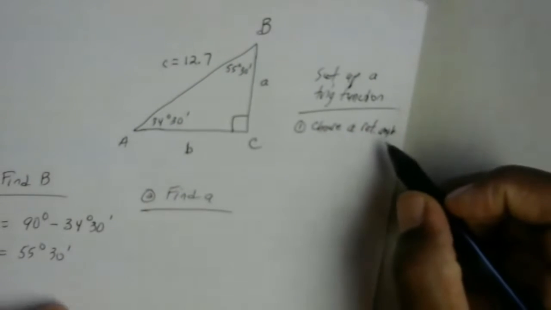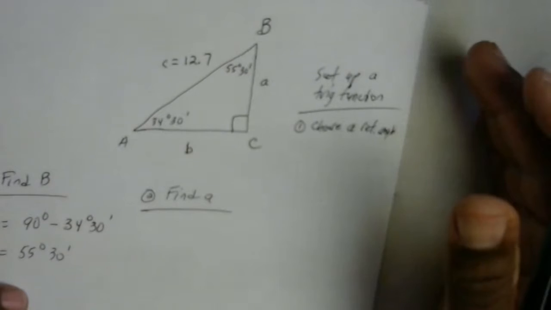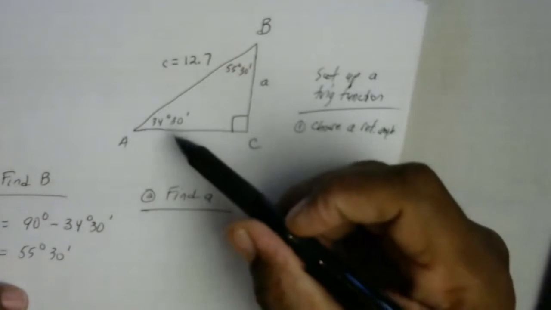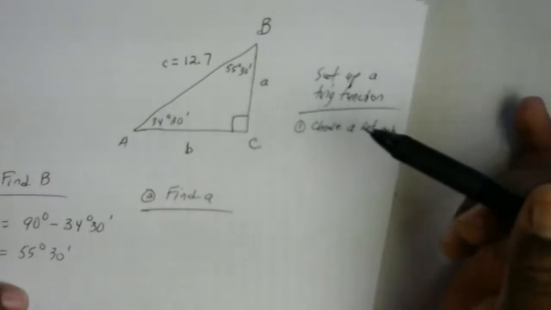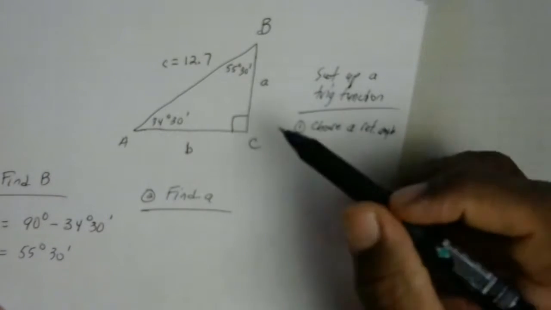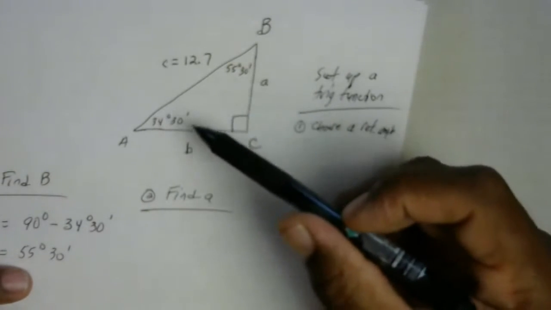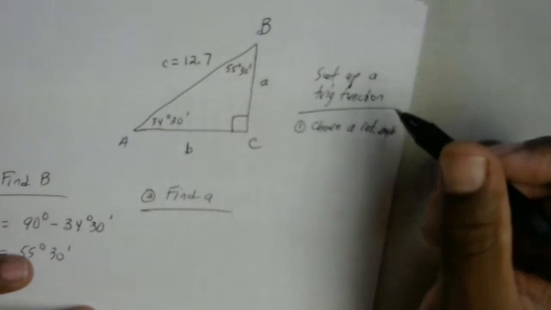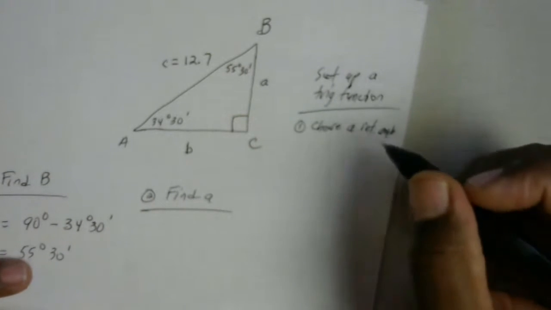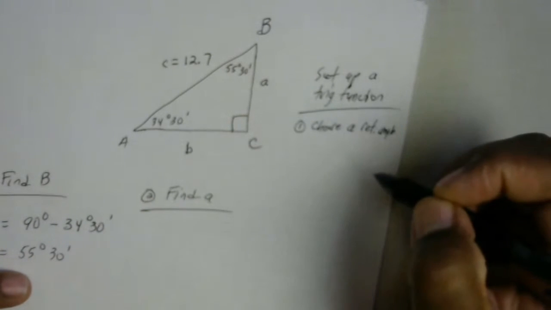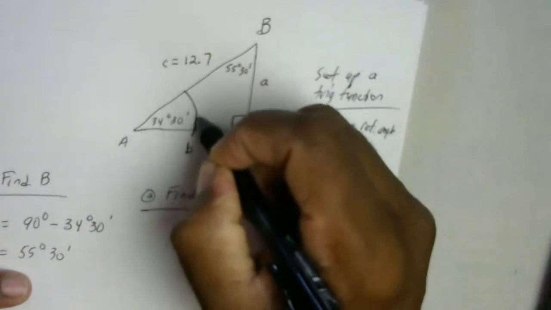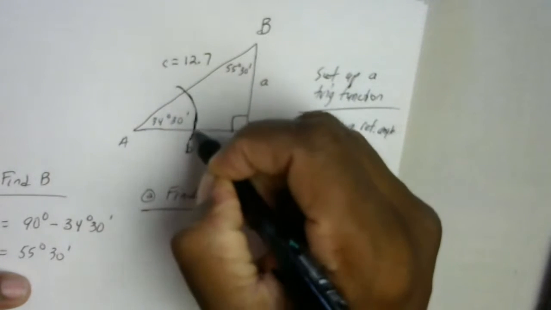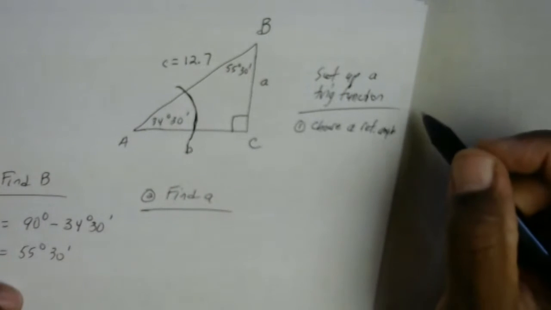Keep in mind that a reference angle is any acute angle, so you want to choose either angle A or angle B. You never choose angle C. Since I know the values for both A and B, it does not matter which angle I choose. However, you must choose an angle. So I'm going to choose angle A as my reference angle, and I'm going to highlight that using the curvature.